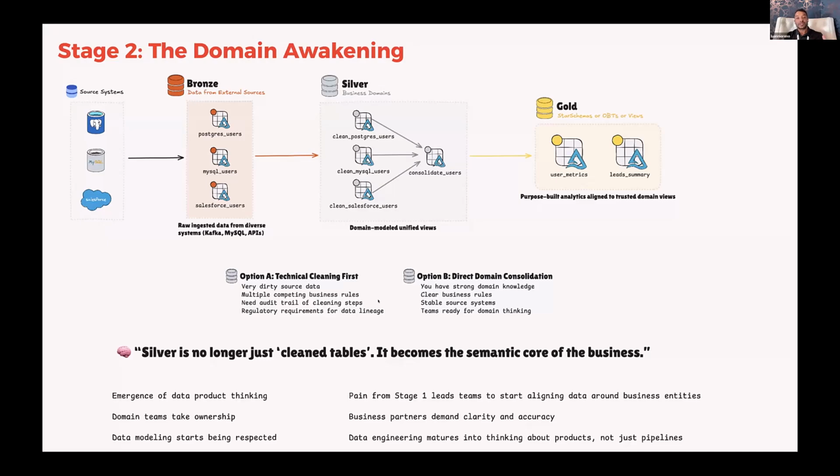And that was kind of interesting to see how that unfolds the possibility for us to bring Data Vault not only as a methodology, not only as a model, but as a methodology for how we're going to build scalable modern data architectures on top of that. So at the end of the day, Silver is no longer just a clean zone of tables. It becomes a semantic core of the business. So we start to consider the Silver as the main plane for you to have all your data structured in.